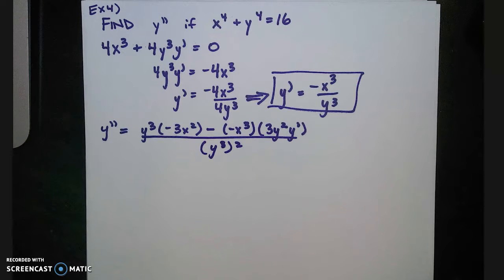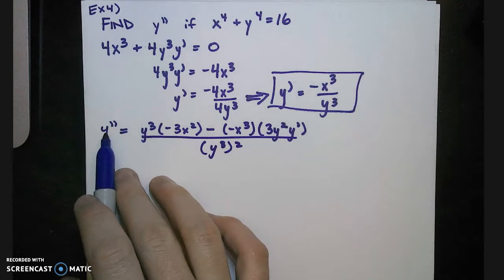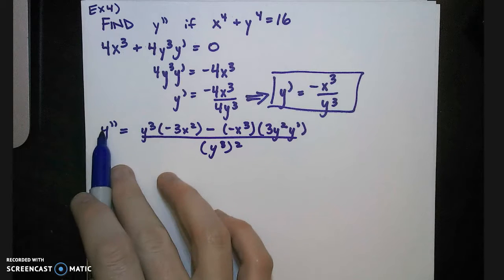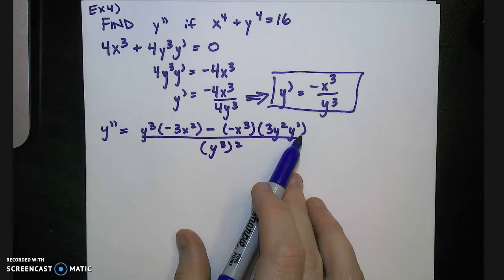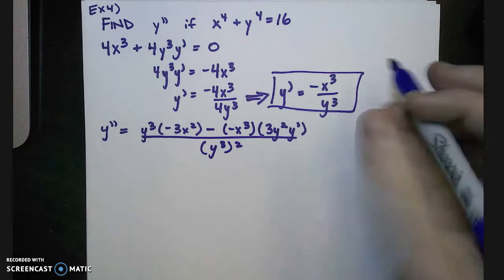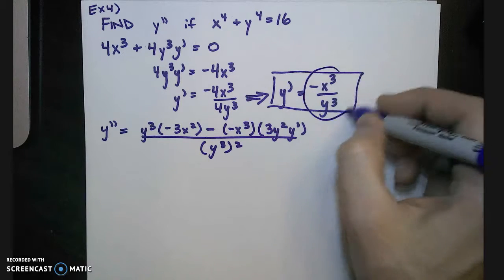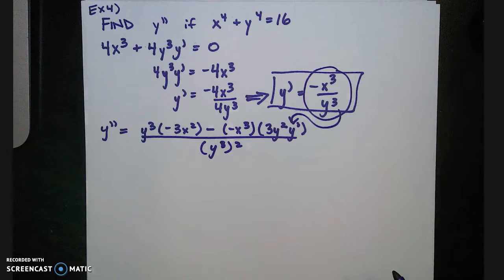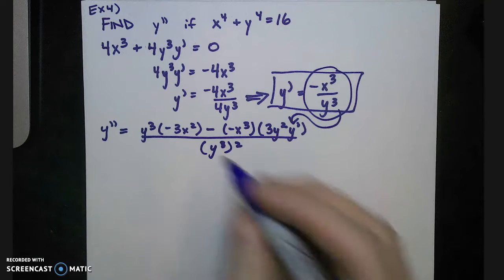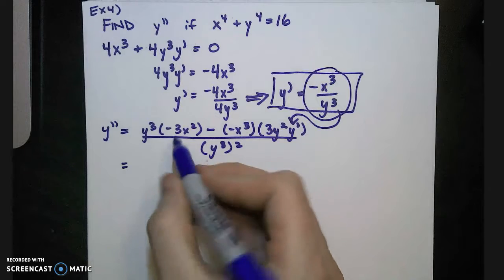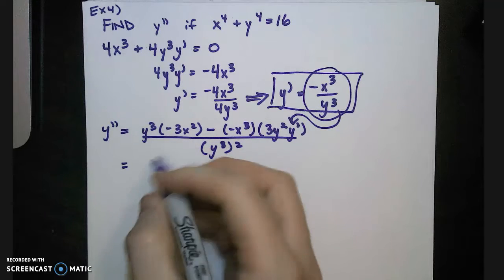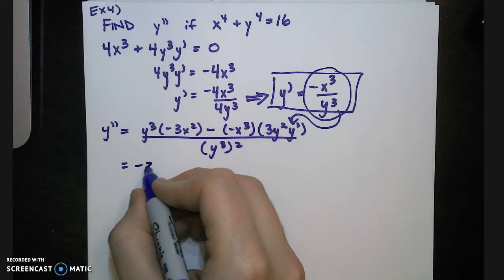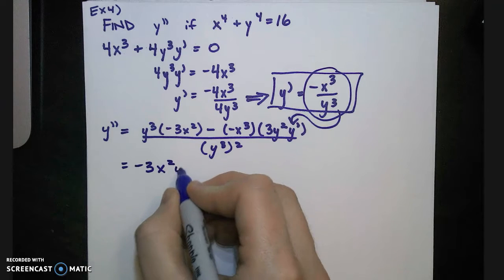Then we want to simplify, but this isn't good enough. Y double prime can't have y prime in it. So we always need to take the y prime and substitute it in for the y prime. So I'm going to reorder this term. I'm going to put the number in front, and then the x, and then the y cubed.